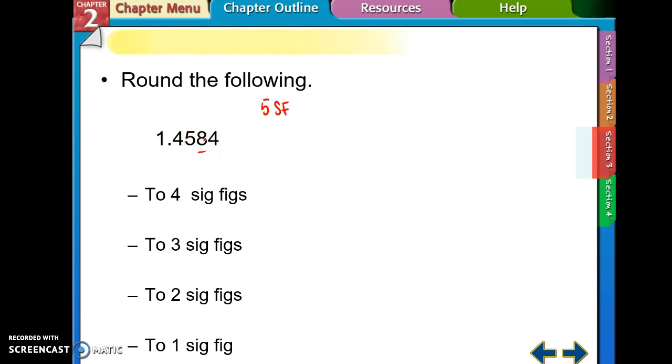So when I'm rounding to 4 significant figures, I'm talking about the 8 being my last number. So I'm going to write 1.4584 all out. I want to round to the 8, so I have to look at that 4. What does that 4 do to the 8? It does not change it because it's less than 5. So my answer would be 1.458.